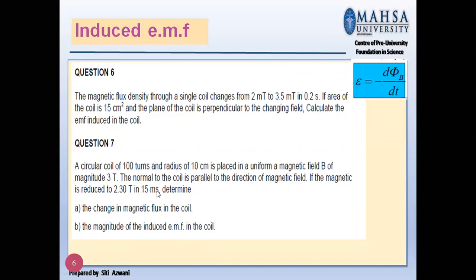First, determine the change in the magnetic flux in the coil, which means you need to find the final and the initial magnetic flux in the coil. After you have the change in the magnetic flux, you need to substitute into your formula of the induced EMF, which is equal to the rate of change of the magnetic flux.